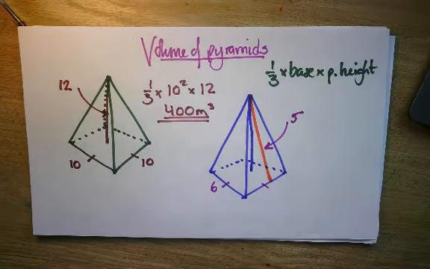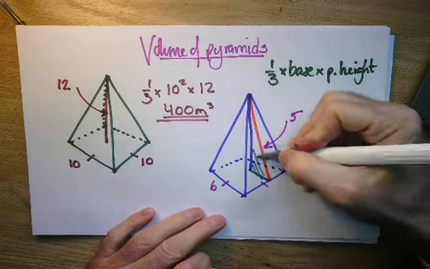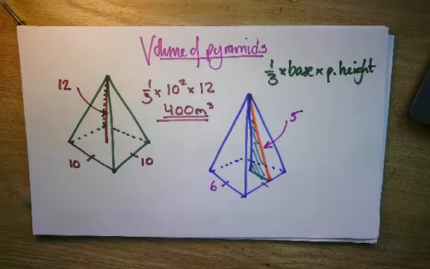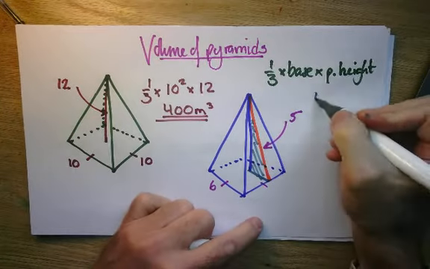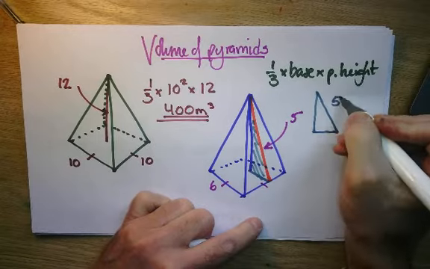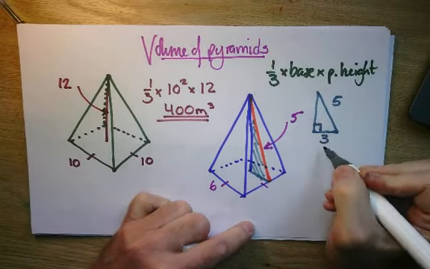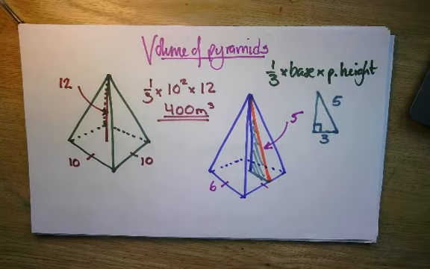Well, you can see inside here we have a right angled triangle. So if I was to do that, you can see that I've got a right angled triangle. Let's draw that out. Slant height is 5, and this is going to be half the distance, so that's 3. So immediately I remember, that is my 3, 4, 5 Pythagorean triple, isn't it?